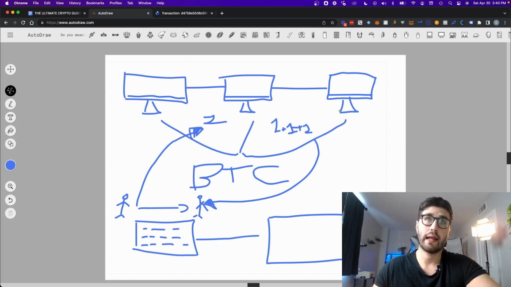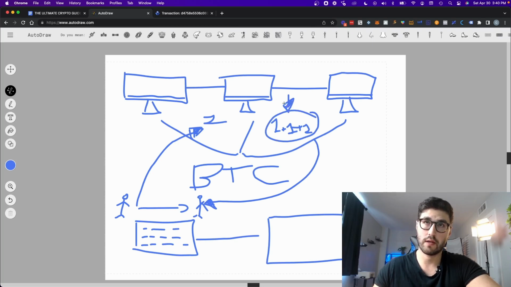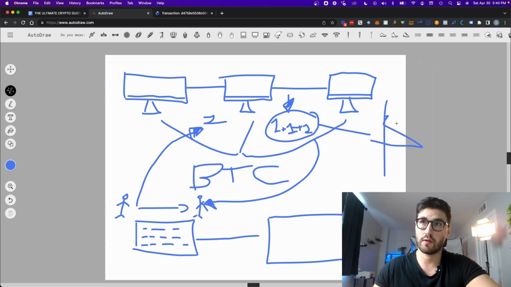And the computer that was able to solve these mathematical equations faster than the other ones will basically receive a reward, and this reward is called a mining fee.